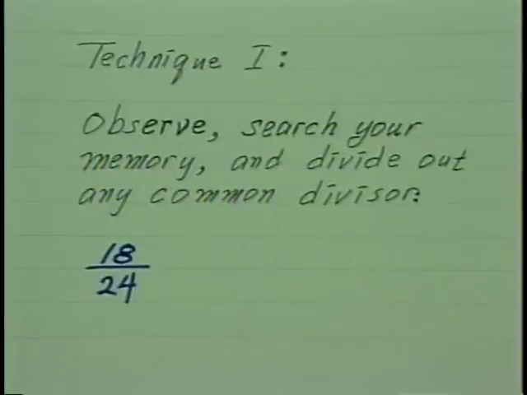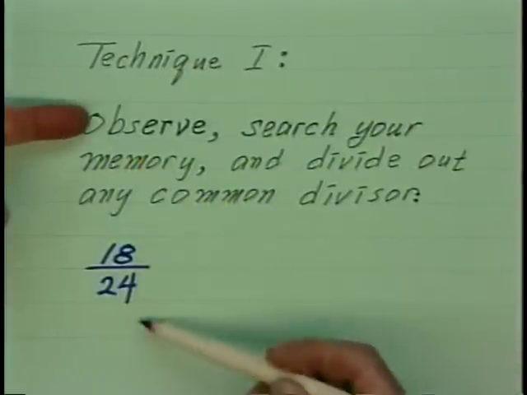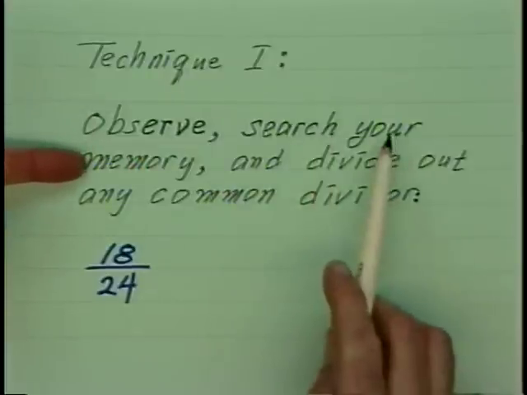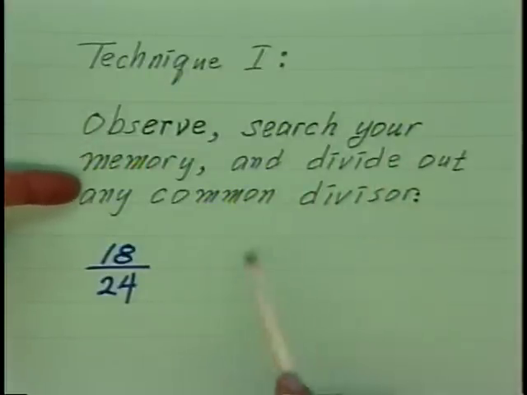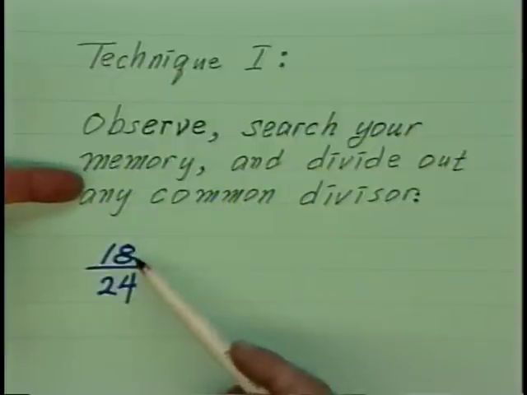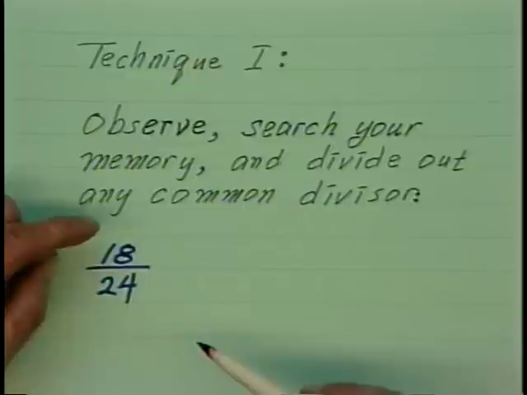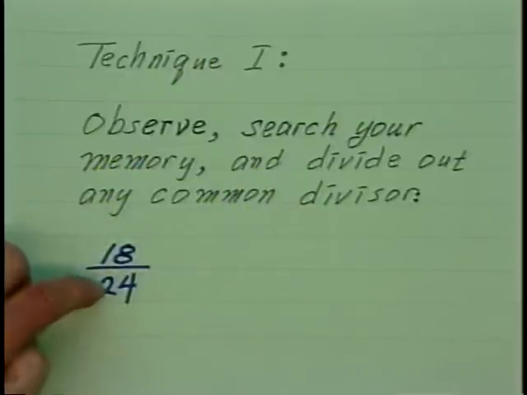The first and most common technique simply suggests that you observe the 2 numbers, search your memory, and divide out any common divisors. So these are small enough that we know that 2 will divide both of them. Someone else might say, yes, but 3 also divides both of them. So that would be a good trial too.